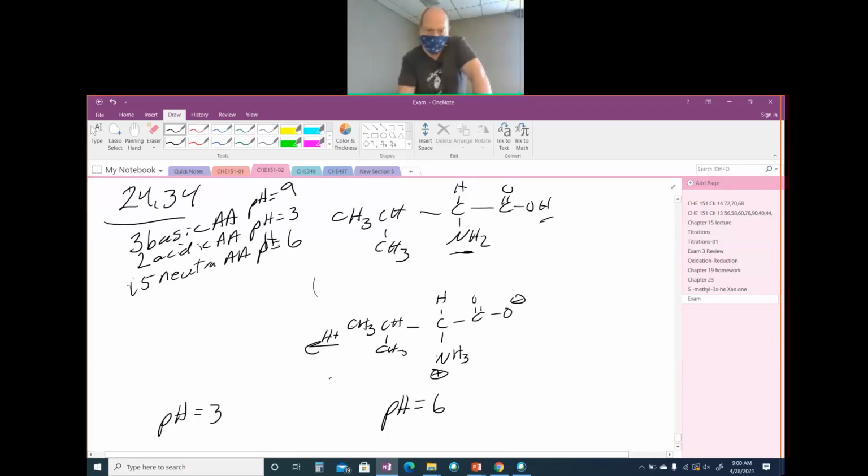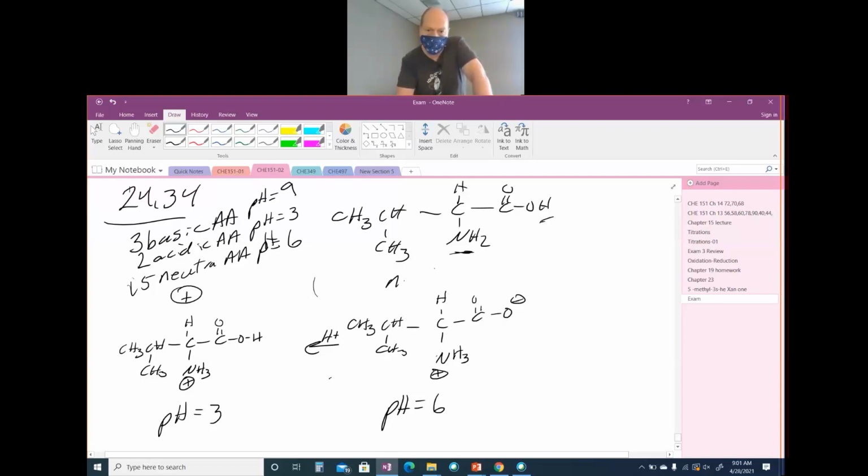The O minus is going to take the H plus, and you have CH3, CH, CH3. The NH3 is still positive, but now you have a carboxylic acid. So your overall charge in acid is positive, an overall charge of +1.